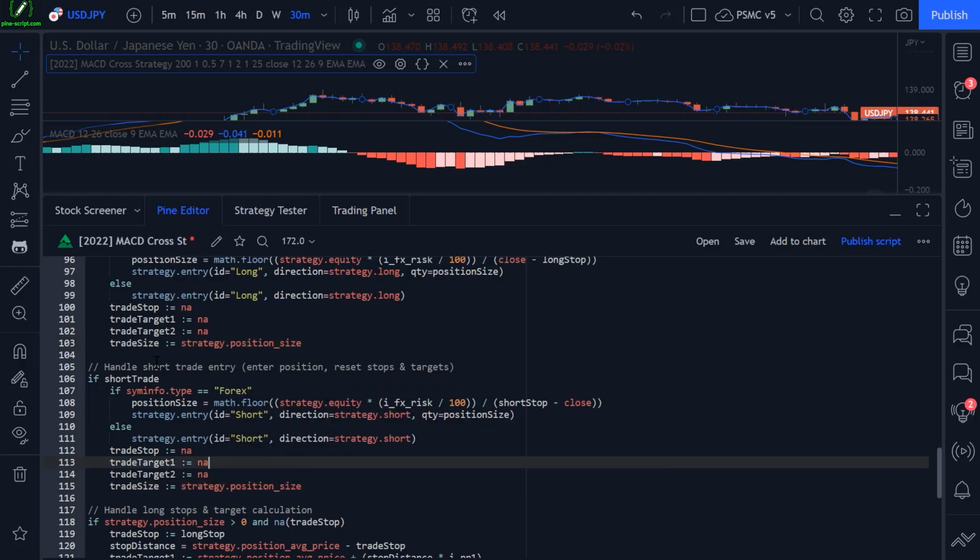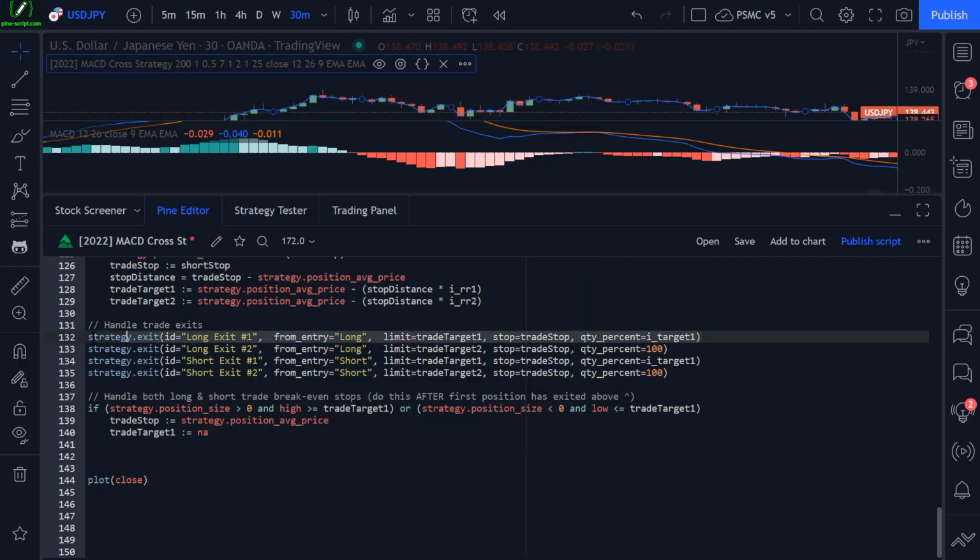Now it doesn't matter what this value is. All that matters is that when we exit our first position, our position size is obviously going to change. It's going to be reduced.